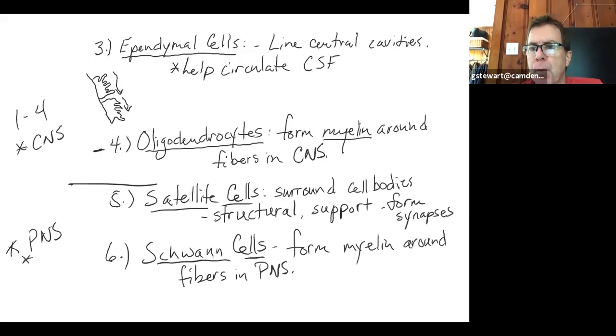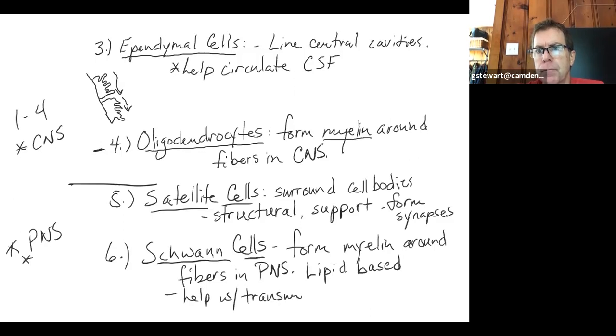These are lipid-based or fat-based cells in nature. They help with transmission and insulation. I'll talk about myelin as a product later.